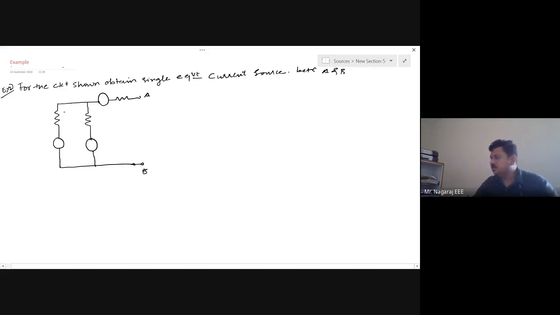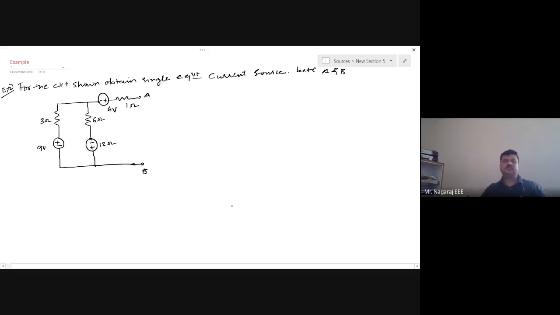So let this be 3 ohm, 9 volts, 6 ohm, 12 volts, 4 volts and 1 ohm.